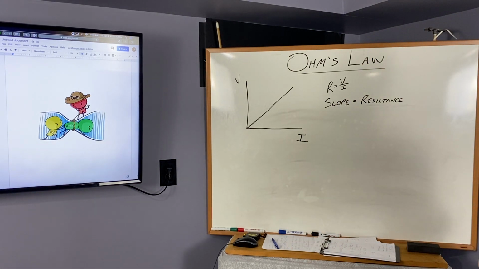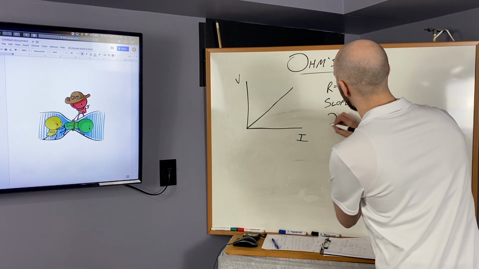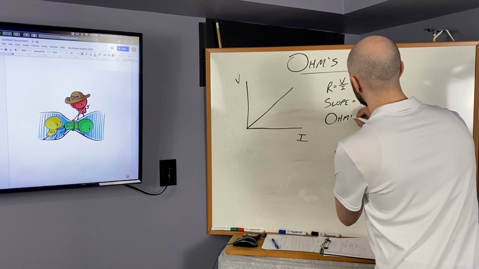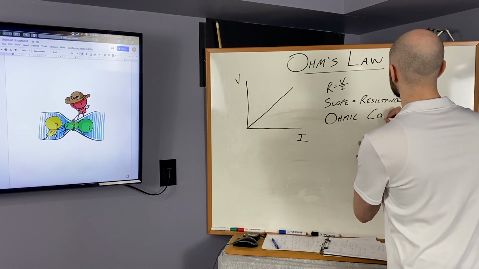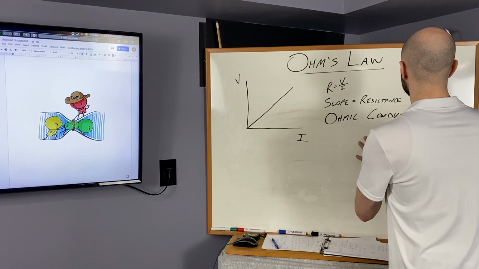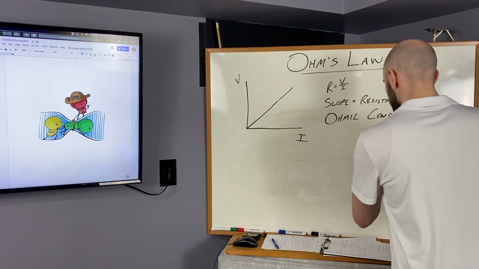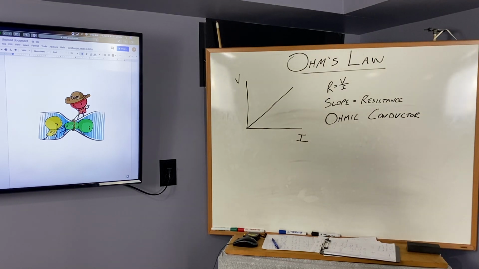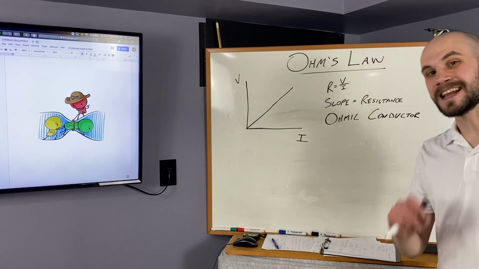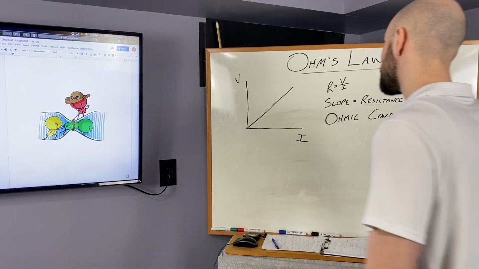And when Ohm's law holds, we call this an ohmic conductor. We can use Ohm's law to analyze ohmic conductors. Resistors are always ohmic. But there are some devices that are non-ohmic, that don't obey Ohm's law.